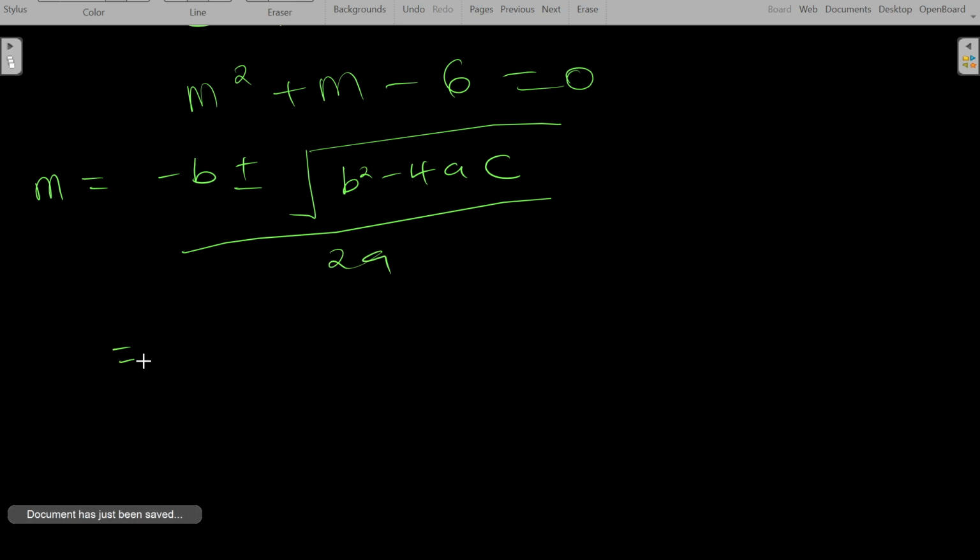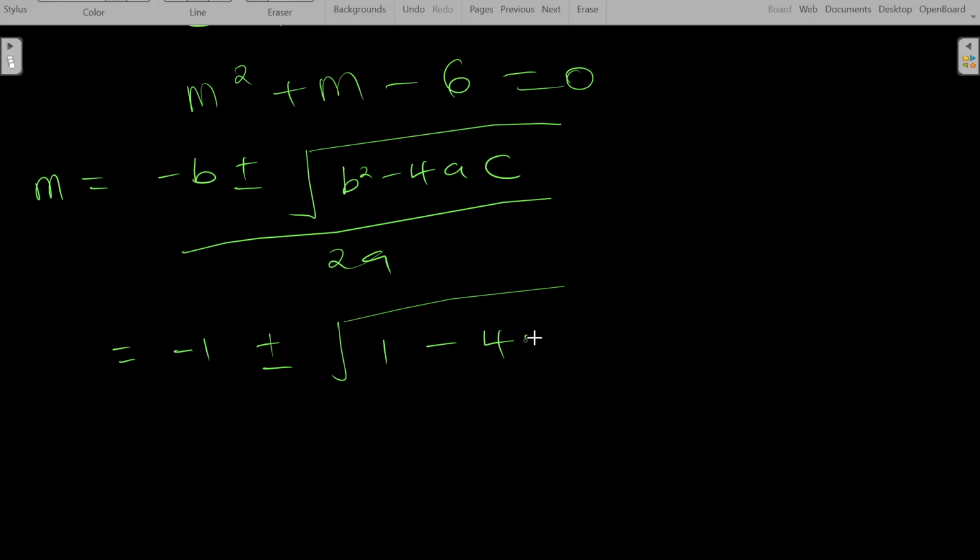Okay. So I'll say minus 1. Okay. So sorry for the writings. So I'll say minus 1 plus or minus the square root of b squared, which is 1 squared, so it will be 1 minus 4 multiplied by a, which is 1, multiplied by the value of c, which is negative 6.